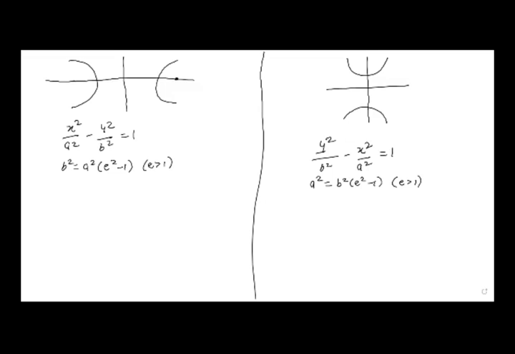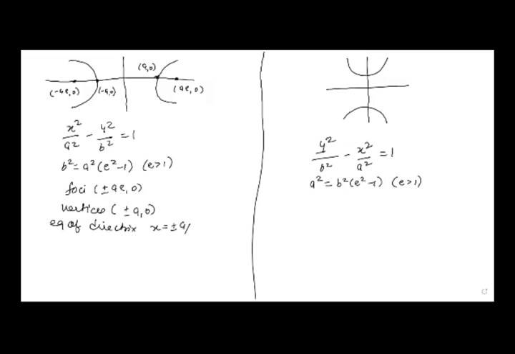We will have two fixed points, that is foci, at plus minus ae comma 0, vertices at plus minus a comma 0, and the equation of directrix x is equal to plus minus a by e.